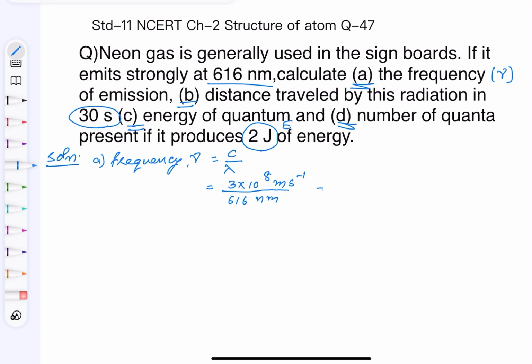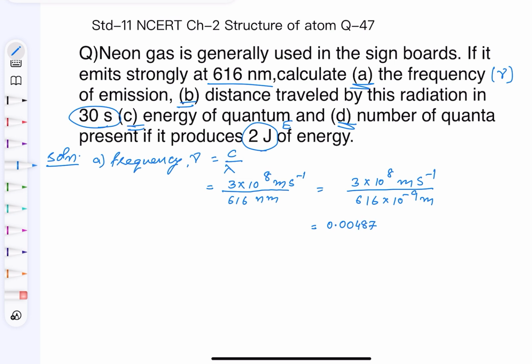Okay, so we can take this nanometers into meters like this: 616 into 10 to the power of minus 9 meters, because 1 nano is 10 to the power of minus 9.